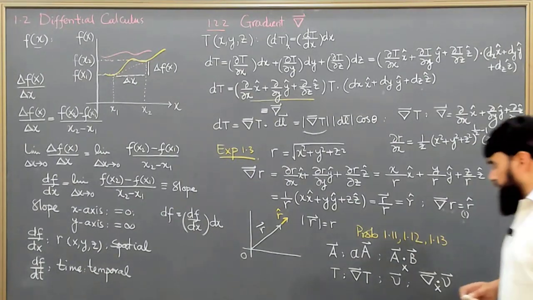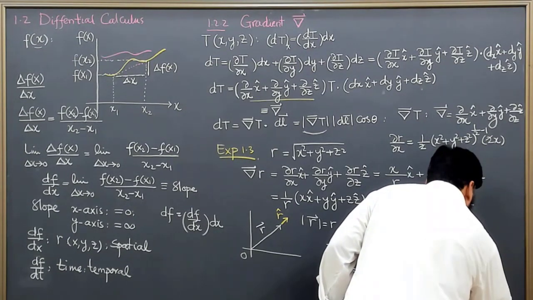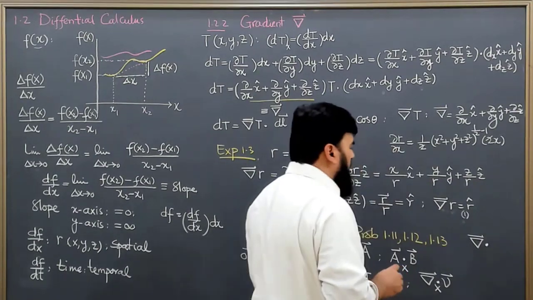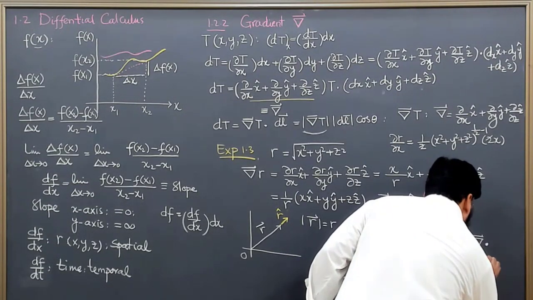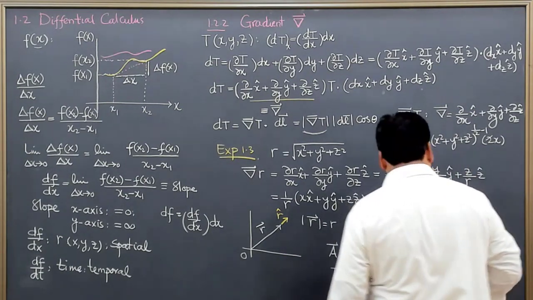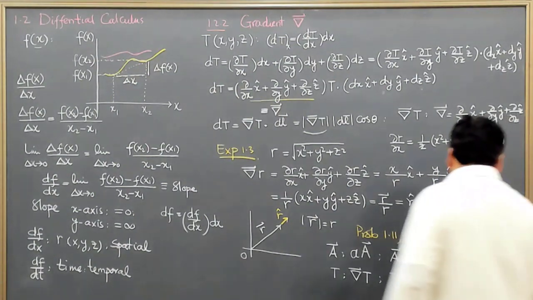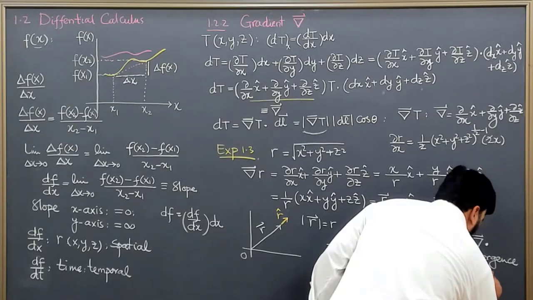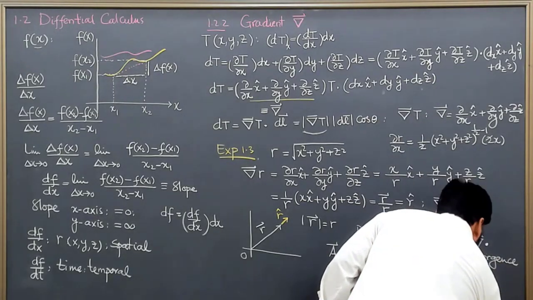So the gradient operator and dot combined are called divergence. And when this gradient operator is with the cross product, then combined we call this curl.